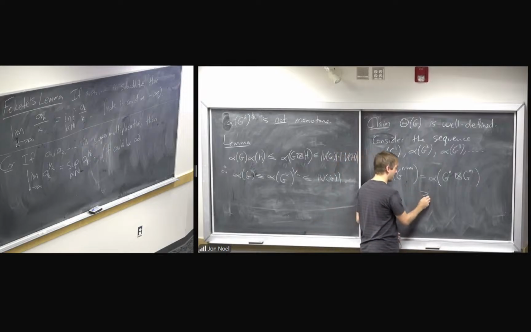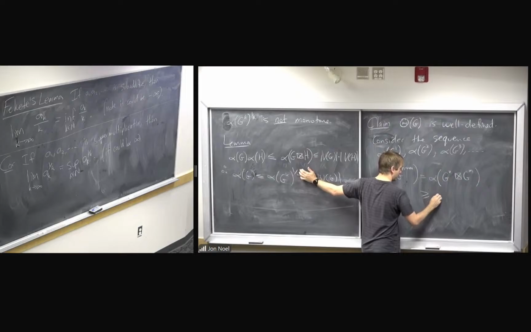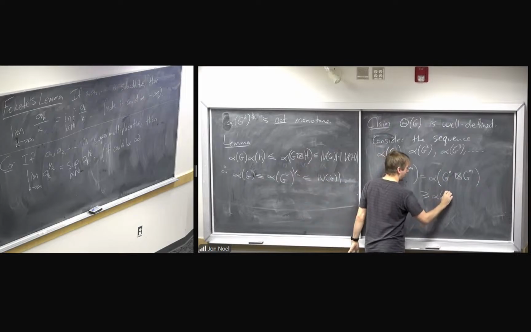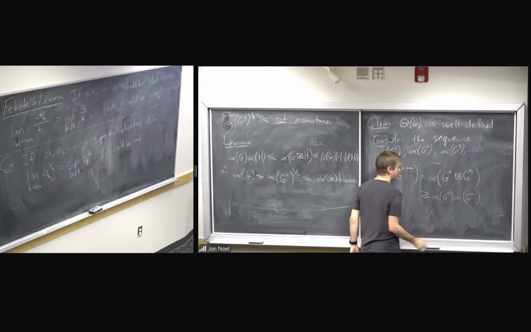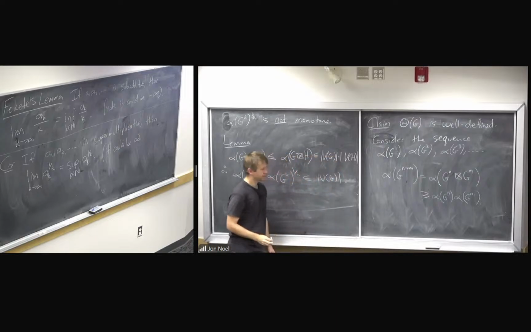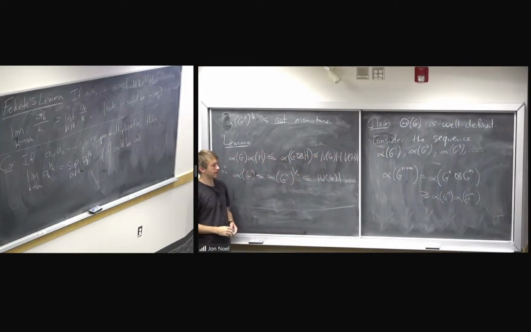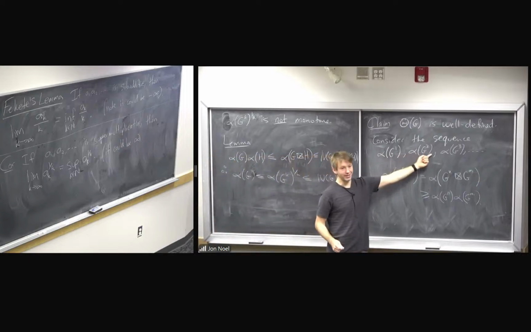By this lemma, this would be alpha of G to the n times alpha of G to the m. I'm just using this lemma where instead of G, I put G to the n, and instead of H, I put G to the m. I'm using this lower bound. So this tells me that this sequence is supermultiplicative.